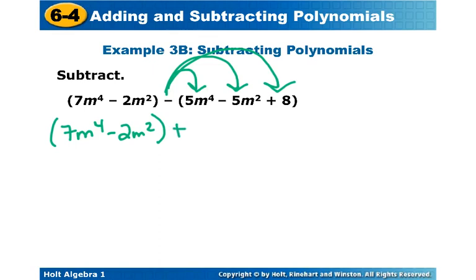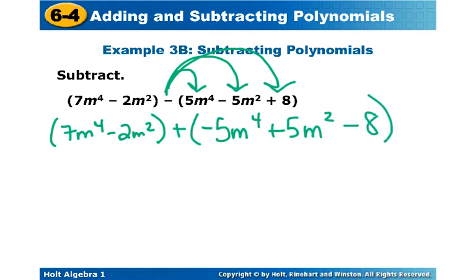So this middle sign becomes plus. This is now going to become negative 5m to the fourth. Negative times the negative gives us positive 5m squared. And then negative times a positive gives us negative 8. Okay? And now you can either choose the horizontal or you can choose the vertical method to simplify these.